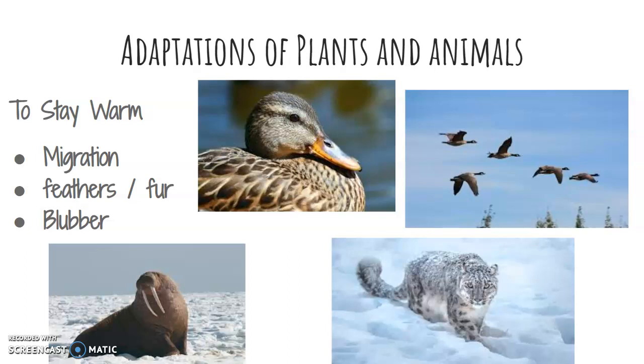We've got our duck there that has feathers in order to keep him warm. We've got our animal down there in the snow with lots of fur, and then we've got our walrus over there to the side with lots of blubber. You can also check out one of the optional activities that you have that's a blubber activity that you can kind of test what it would be like for an animal that has blubber on yourself.